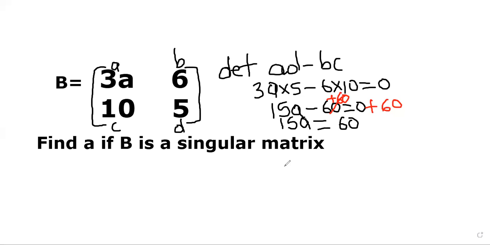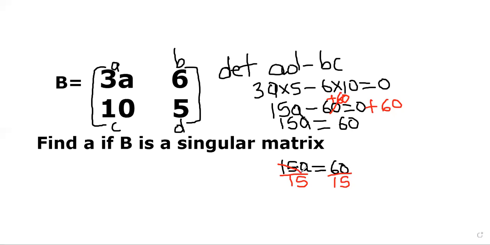I'll just take it down here. All right, so it's 15A equal 60. Now we have to take the opposite. So this is saying 15 multiplied by A. Now the opposite of multiplication is, very good, division. So we divide by 15. So these are not very hard, very easy.